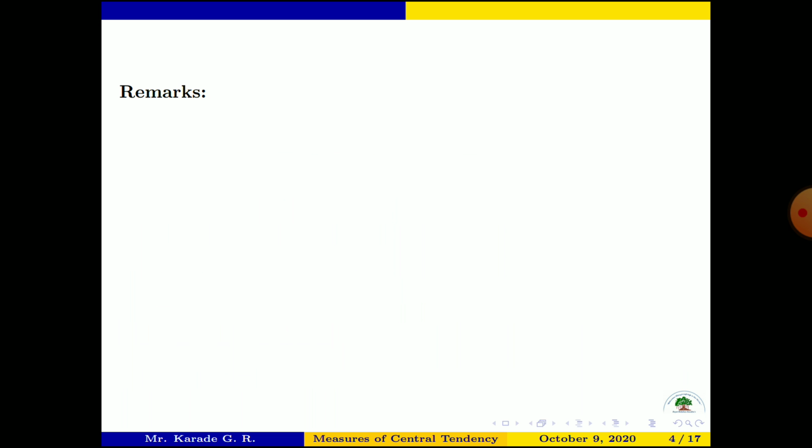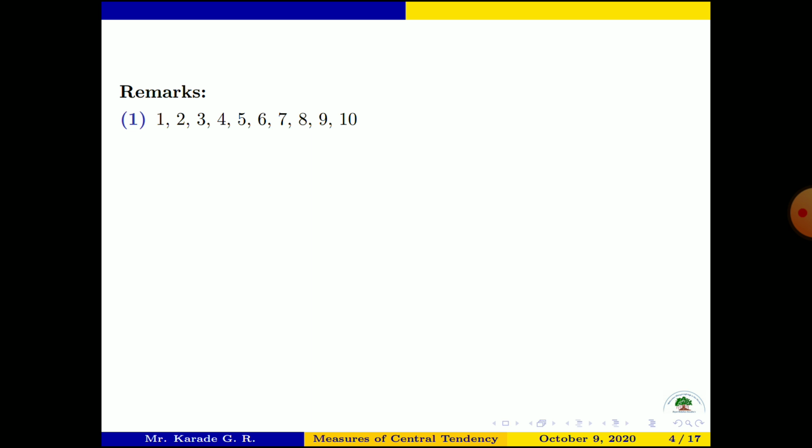Let us write some remarks. The first remark is, consider the data consisting of numbers 1, 2, 3, 4, 5, 6, 7, 8, 9, 10. Can you find the mode of this data? We observe and look for a number which occurs more frequently.